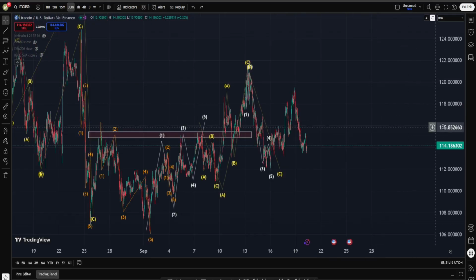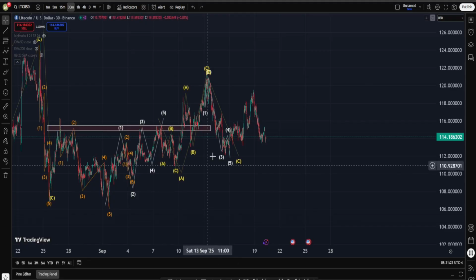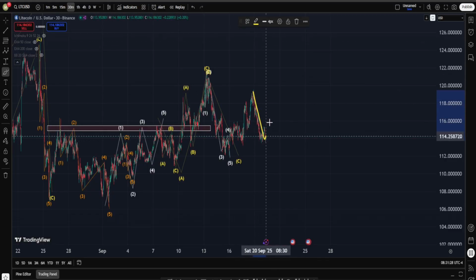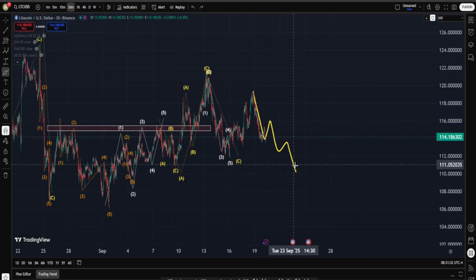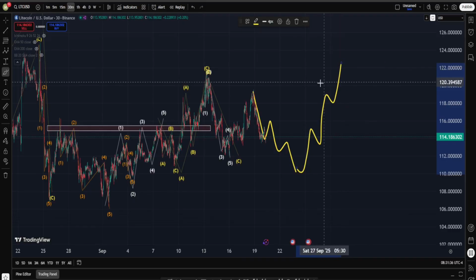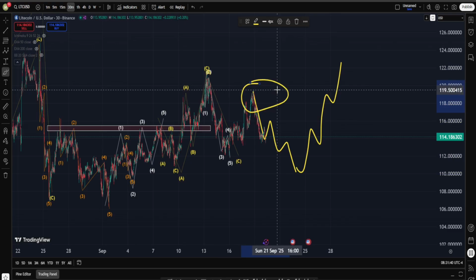Now, in case I am wrong and some sort of bullish count is playing out at the moment, it's a little bit tough to see how this can be a bullish structure. But if I'm wrong and this is bullish, then what you want to see is, after completing a 1, 2, 3, 4, 5 and taking especially this low, a very strong bounce, a 1, 2, 3, 4, 5 without a lot of overlapping of the waves, in order to take this important high around, let's say, $119.50.